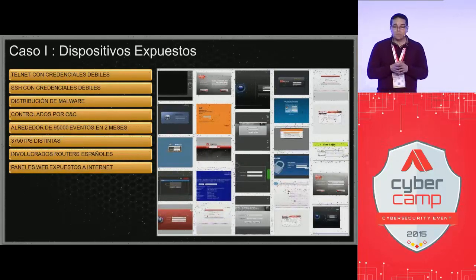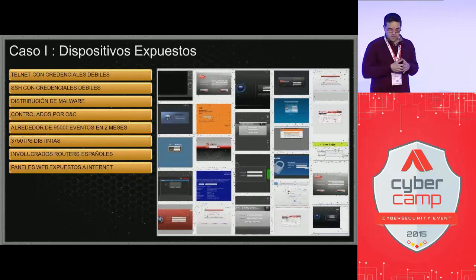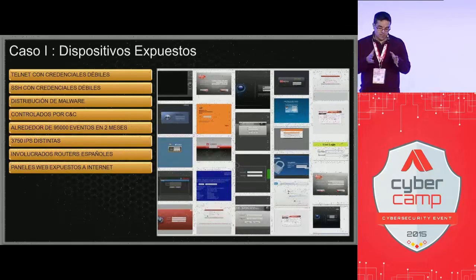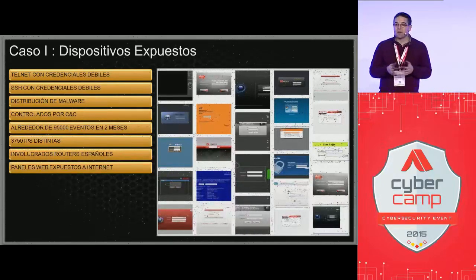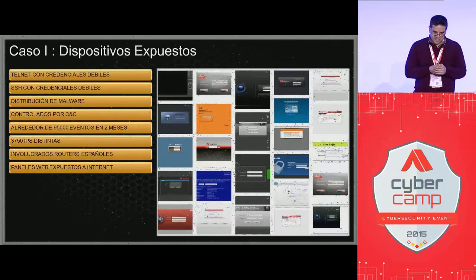3,000 and so different IPs detected. There were Spain-based routers involved in this process. As we mentioned before, we notified the provider of the current problem for them to sort it out as soon as possible.